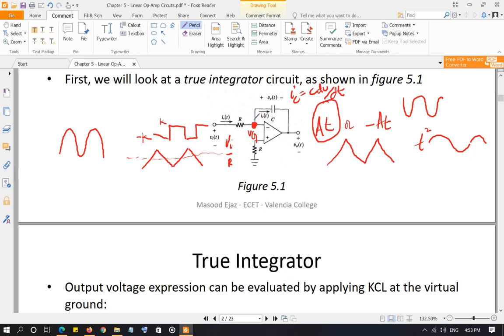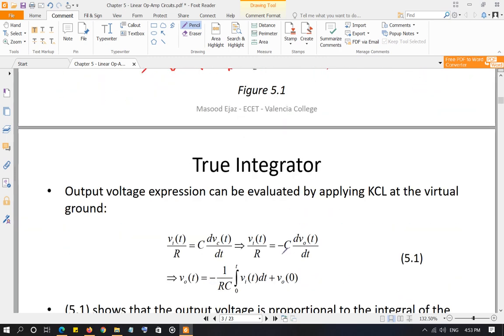In this case that voltage is 0 minus V out.